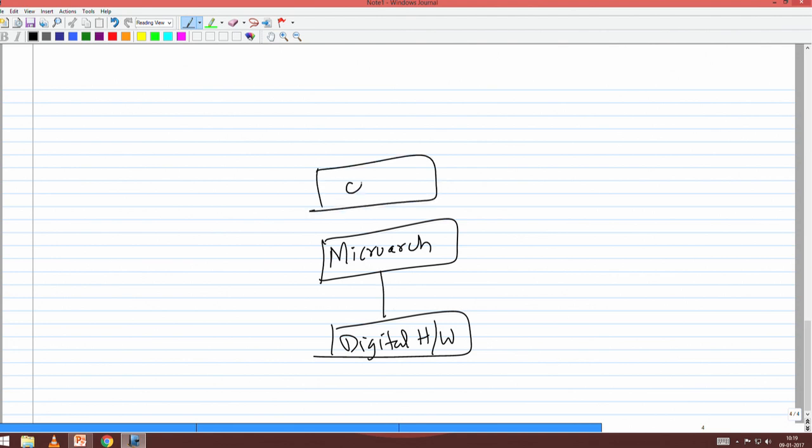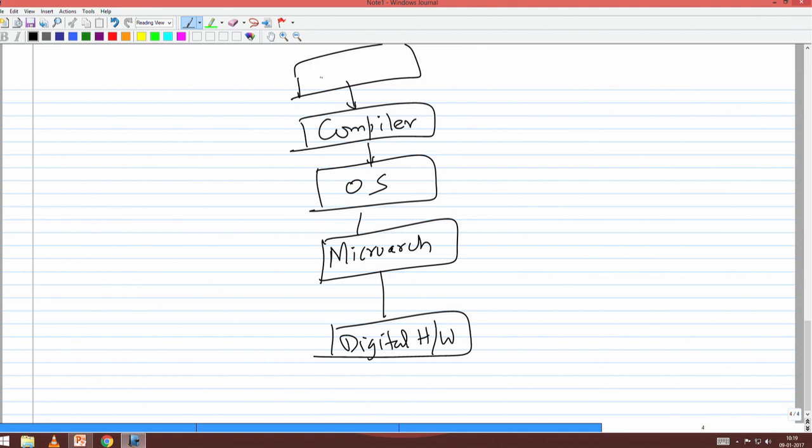On top of it is the operating system, then the compilers, then your application software. So there are at least 5 levels that you need to study to understand the system.